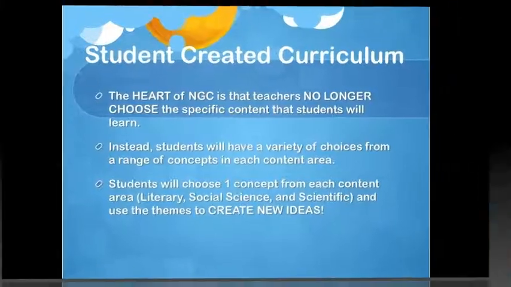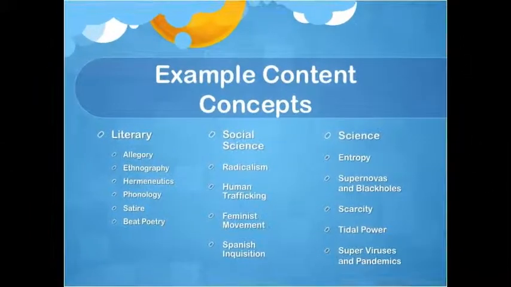So, what are some of these sample concepts? These were pulled from a list generated for the 8th grade. As you can see, the literary category includes devices used by authors like allegory, a term often found on standardized tests, along with forms of writing like ethnography or beat poetry, and concepts concerning the form and function of language, like phonology.